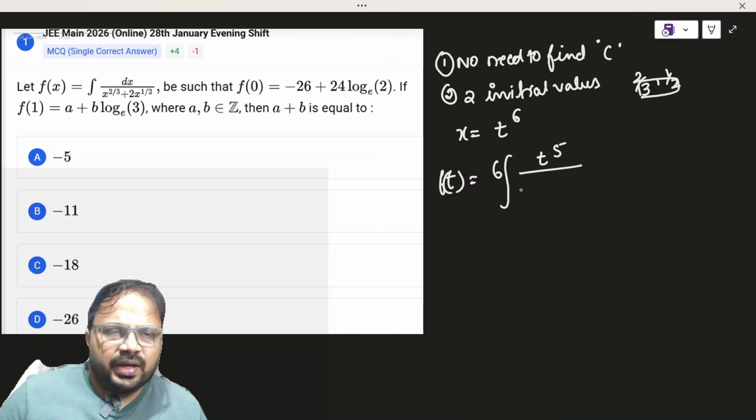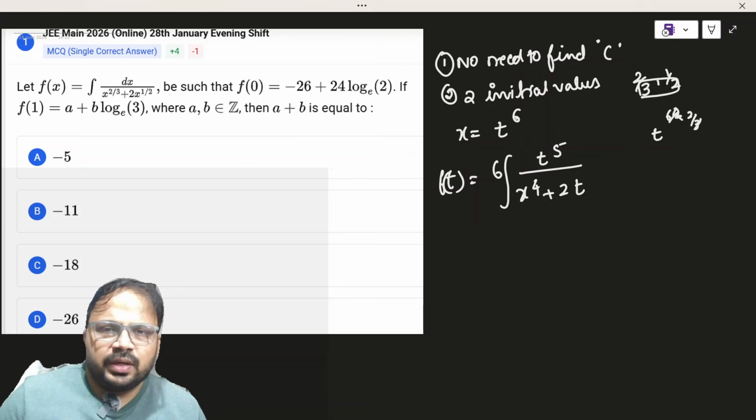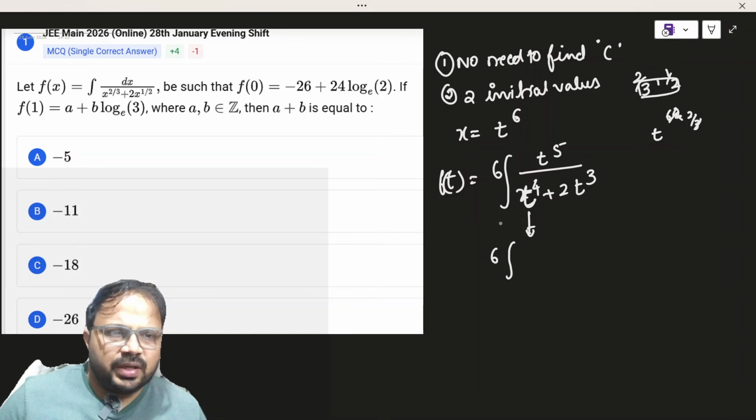When I take x raised to 2 by 3, that is t to the 6 raised to 2 by 3, it would be t to the 4, right? t to the 4 plus 2t cube. Sorry, this should be t raised to 4. If I take out t cube outside and cancel, it would be t square here and t plus 2 here.